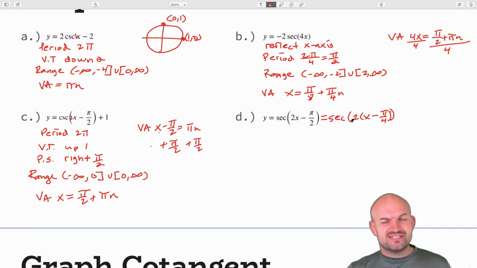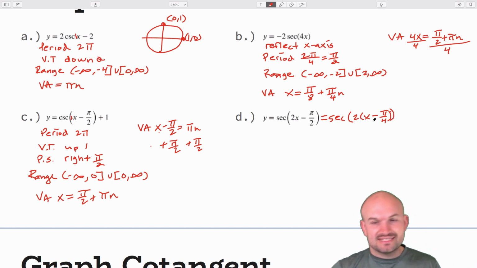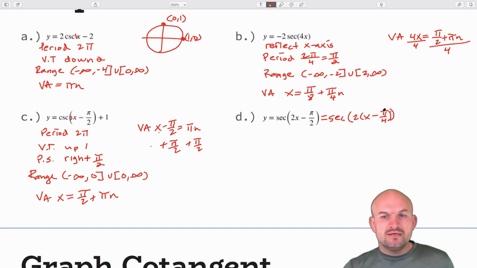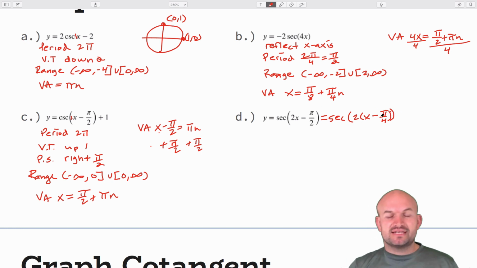A lot of students just don't like factoring, but factoring is the same thing as dividing, and dividing is the same thing as multiplying by the reciprocal. You can always check your work: 2 times x is 2x, 2 times pi fourths is pi halves. So in this case there's no reflection, but the graph is being shifted.